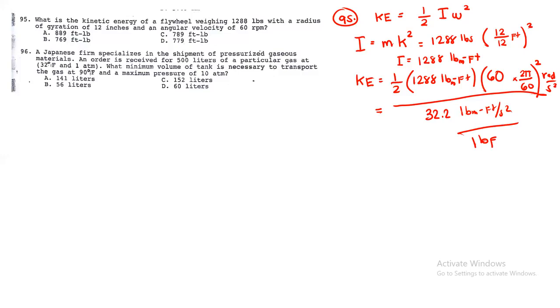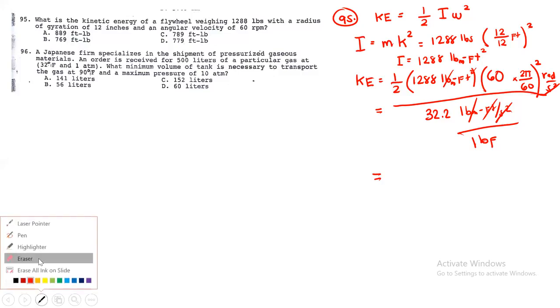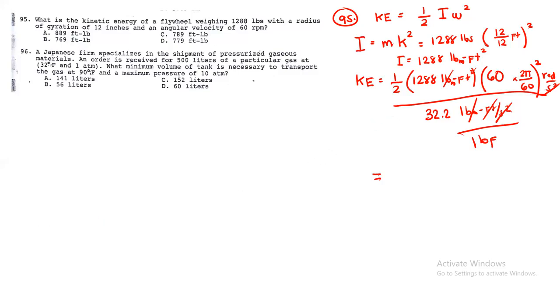So per pounds of force. Kaya maka-cancel natin dito guys. And foot squared pa pala to, foot squared. So kaya maka-cancel natin dyan yung pounds of mass. Maka-cancel natin dyan yung second squared. Then itong foot, maka-cancel yung squared dito. So magiging pounds of force to foot. So ito na yung sagot. So magiging sagot dyan guys is 789 pounds of force to foot. So the answer is letter C.